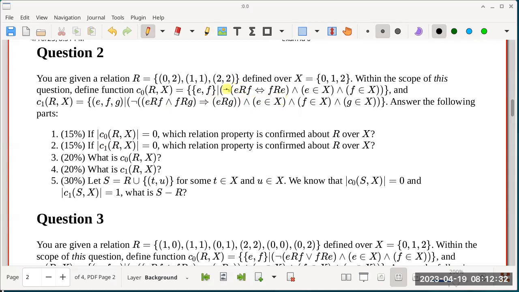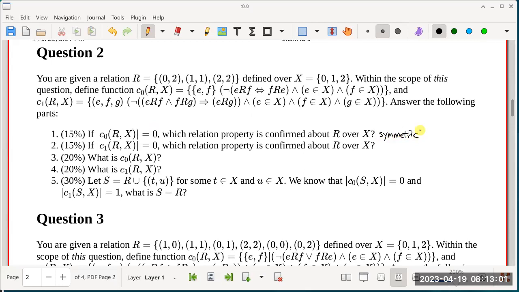So in other words, if there's a negation here, which basically means EF, both found in R, is going to make the relation not symmetric. So in the absence of that, because we're looking at the cardinality here, being 0, in the absence of contradiction to symmetry, it is symmetric. So we say symmetric here. That's the name of the property.